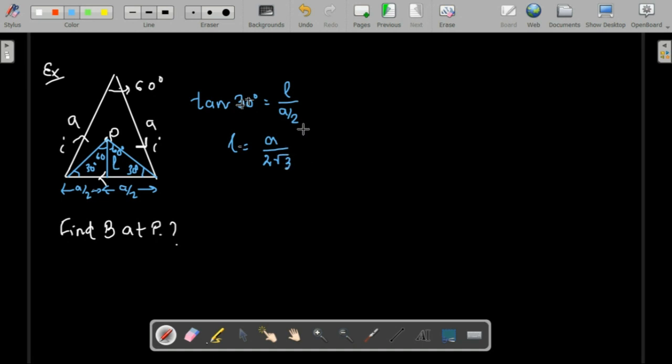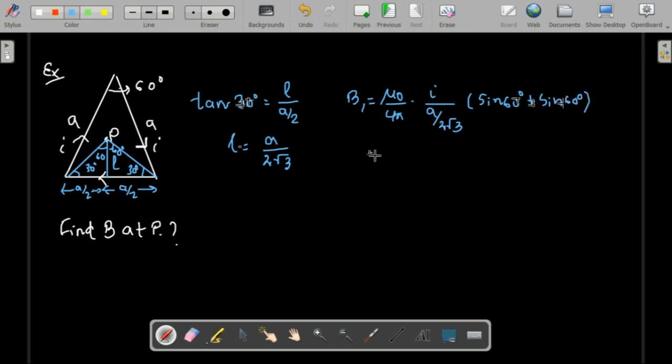So now I can find out my magnetic field. B1 is equal to mu naught divided by 4 pi into I divided by A by 2 root 3. That's why I said you should know the perpendicular distance and how you're going to find it. That's very important. That's my perpendicular distance. And then this side and this side make an angle of 60 degrees in opposite directions. This is sine 60 degrees plus sine 60 degrees, right?